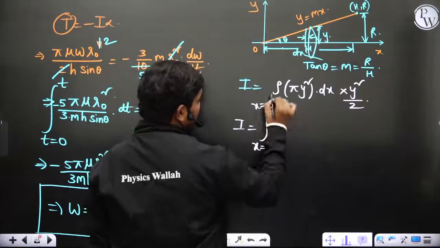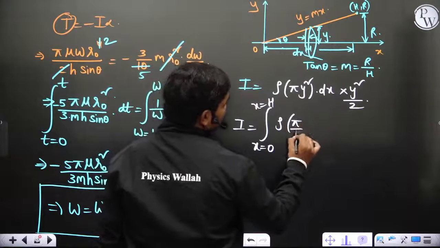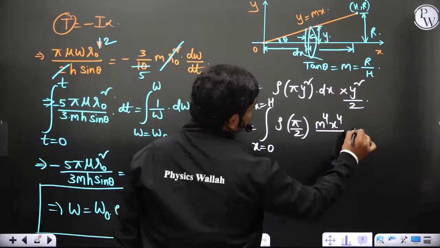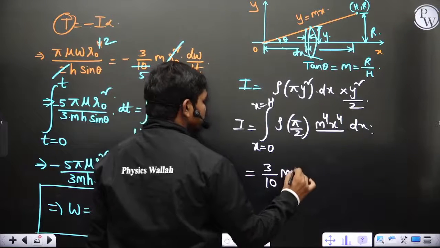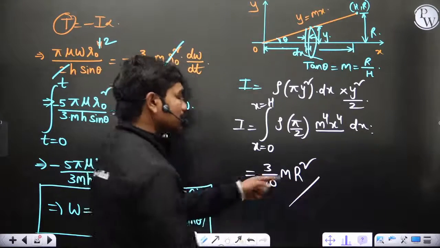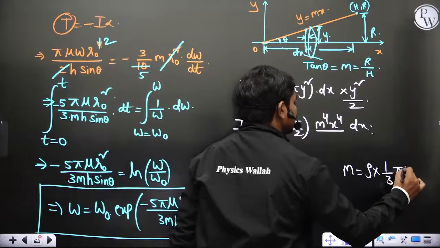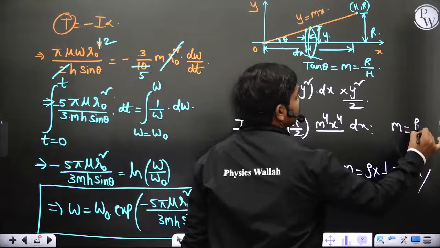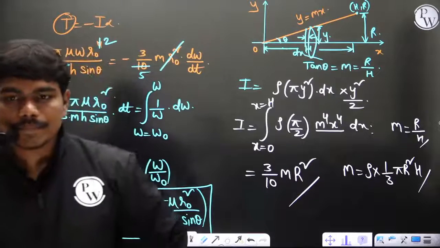So rho pi by 2 into y power 4 can be written as m power 4 x power 4 dx. So if you integrate this, obviously you will finally end up with 3 by 10 m r square, because this mass m is equal to density into 1/3 pi r square h. And this m is nothing but r by h actually. So if you do this integration, you will get this easily. Fine.